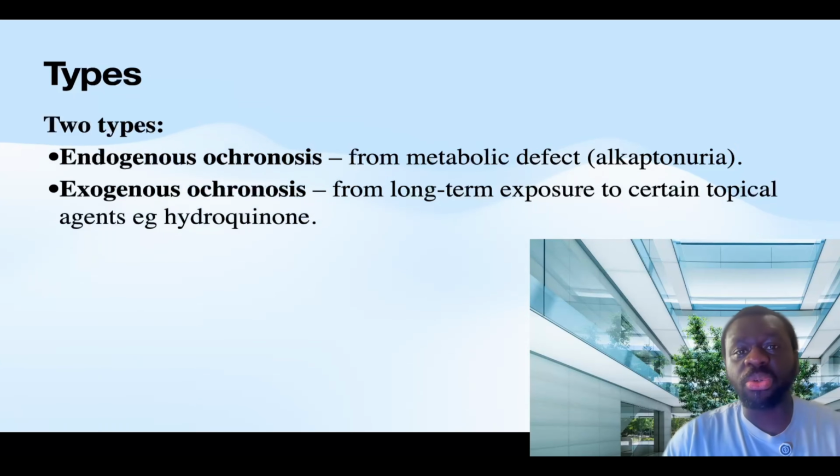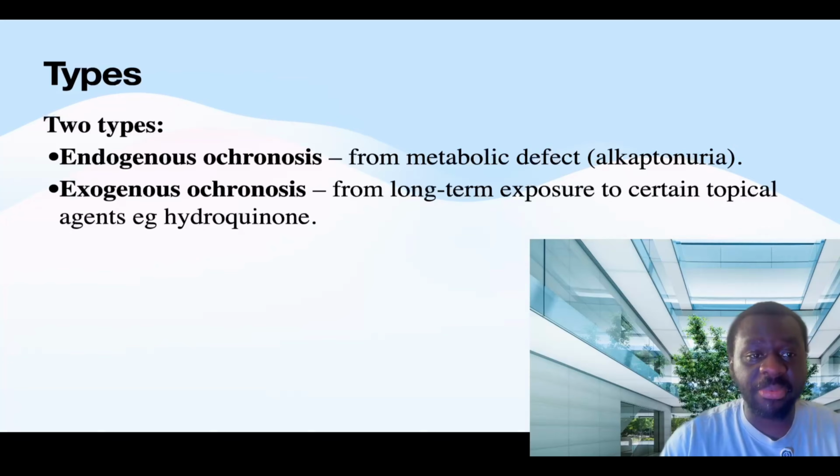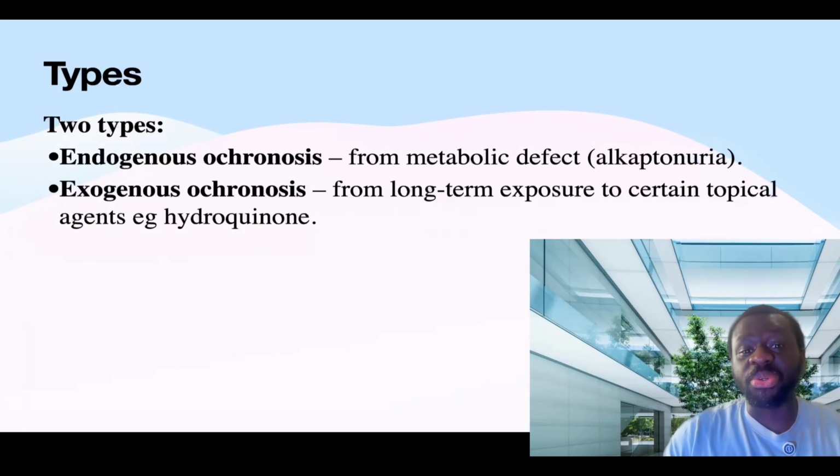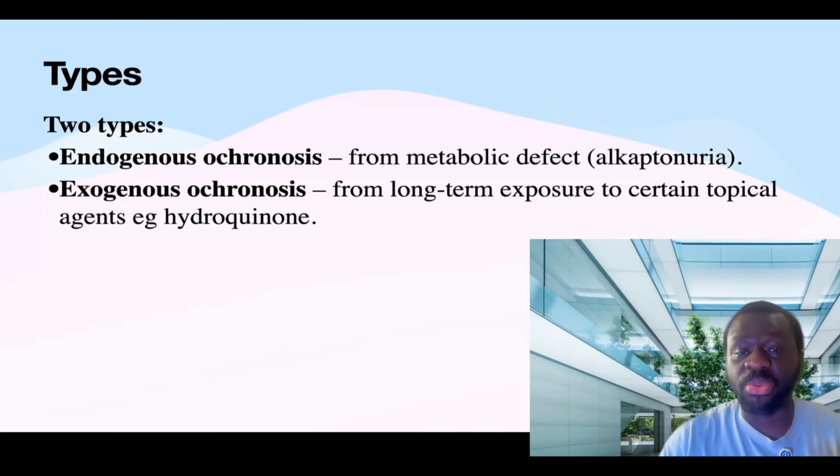Now, endogenous ochronosis happens in people that have alkaptonuria, which is a metabolic, inborn error of metabolism due to an enzyme deficiency, as we'll get to find out very soon. Whereas exogenous ochronosis is due to prolonged or chronic use of certain topical agents like hydroquinone cream.